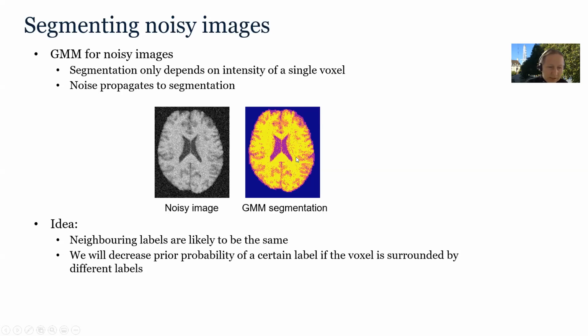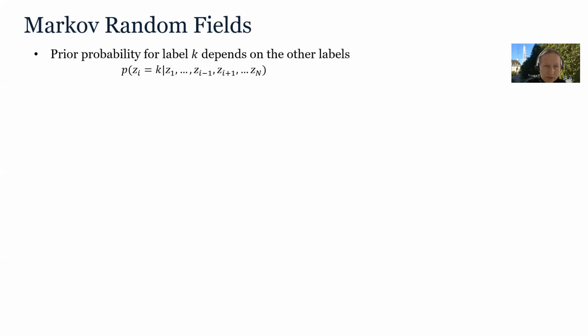So the idea is that we can also look at the neighboring labels, because they are very often the same as the correct label for each pixel. And then we will decrease the prior probability of a certain label if the voxel is surrounded by different labels. So let's have a look at how we can do that.